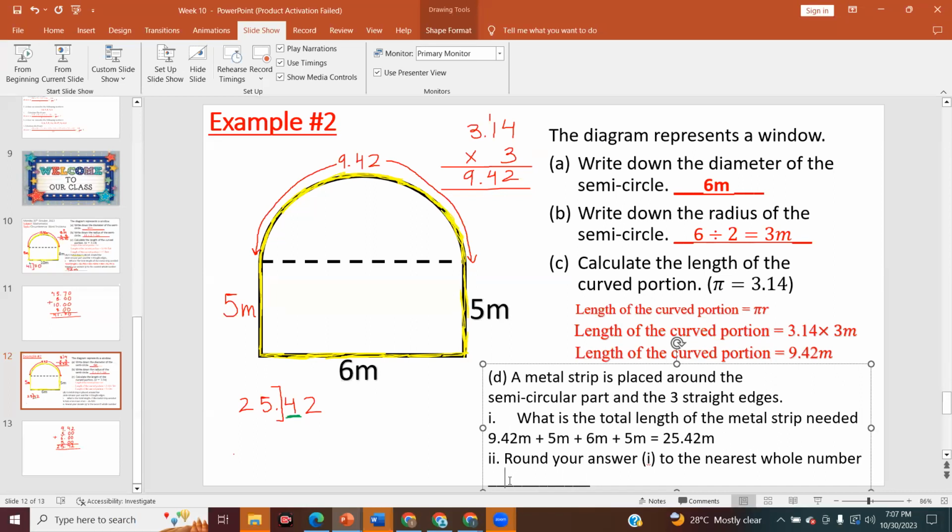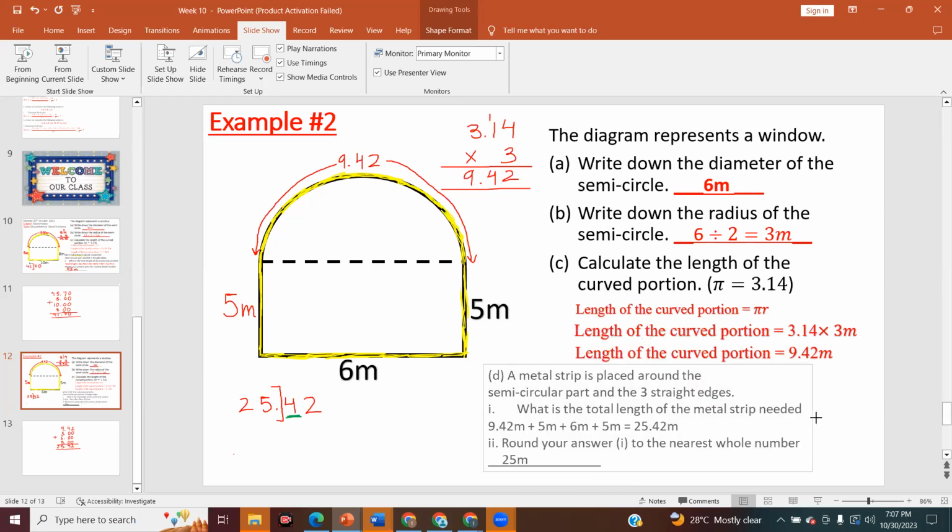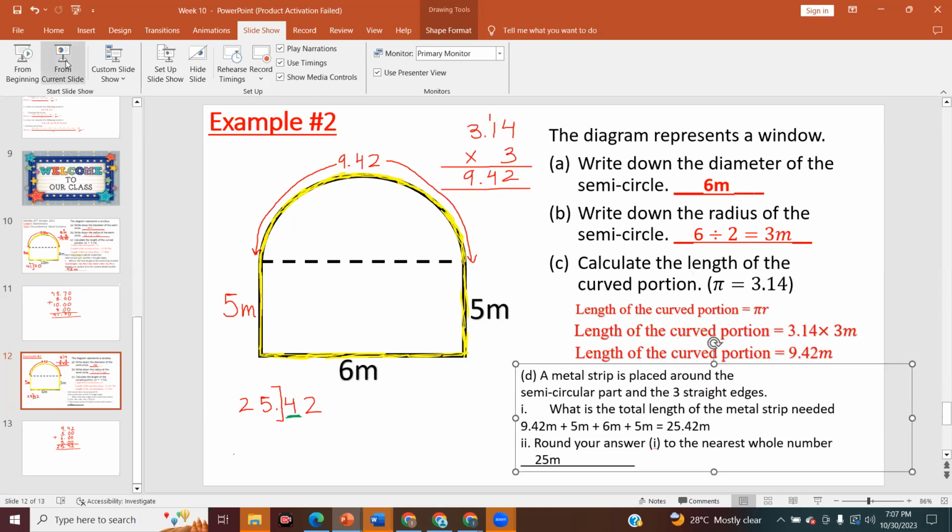So let's put 25 here. 25 what? Meters, right? Yes, sir. Now let me reduce the size. Okay, good. 25 meters. Put this on the side. Good.